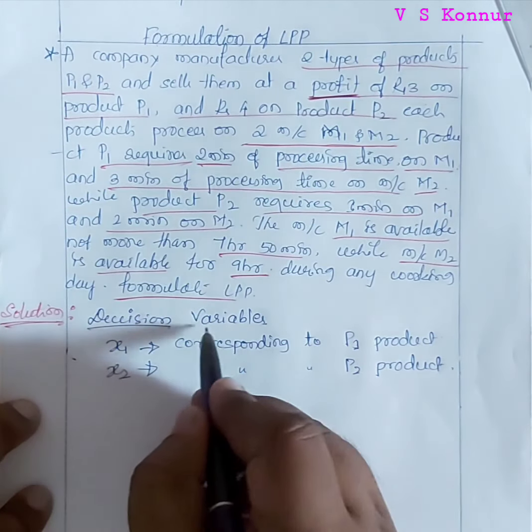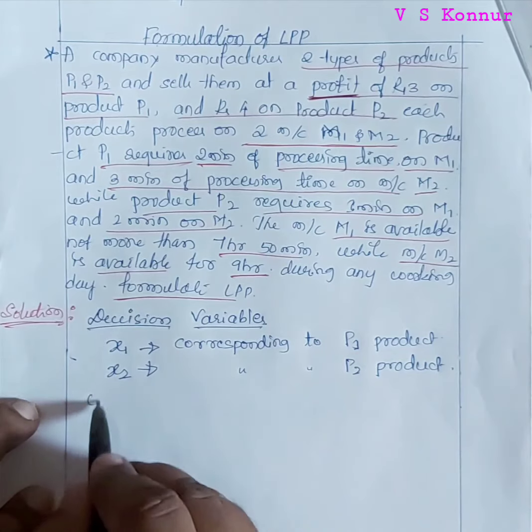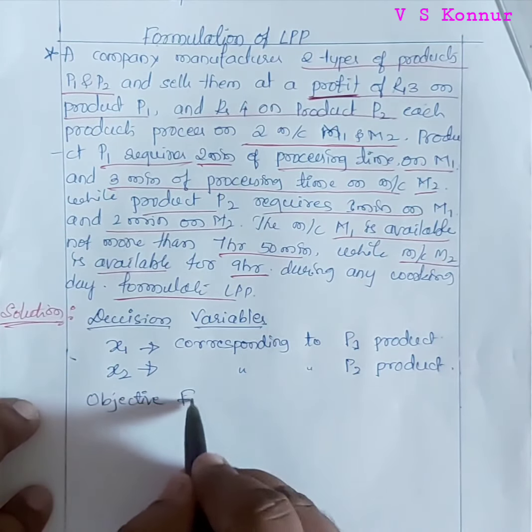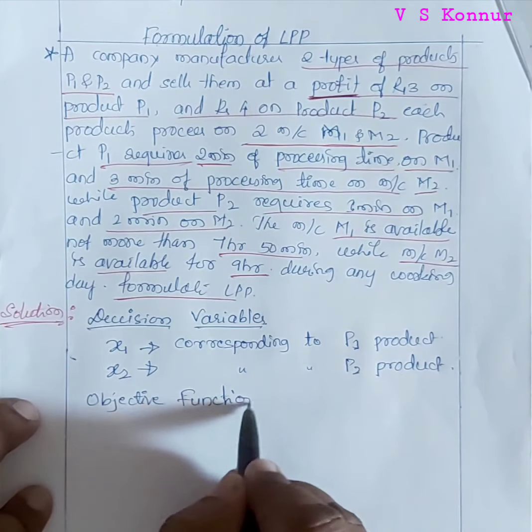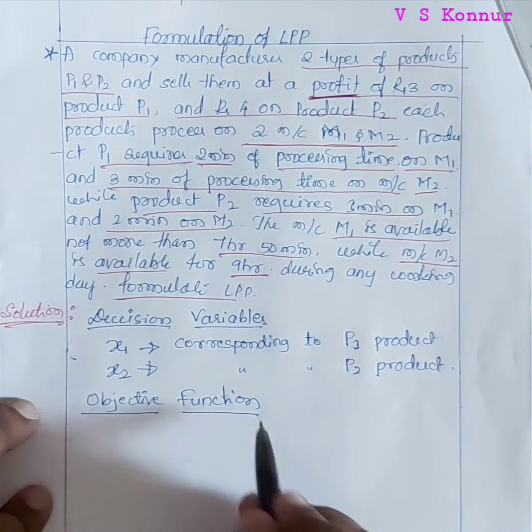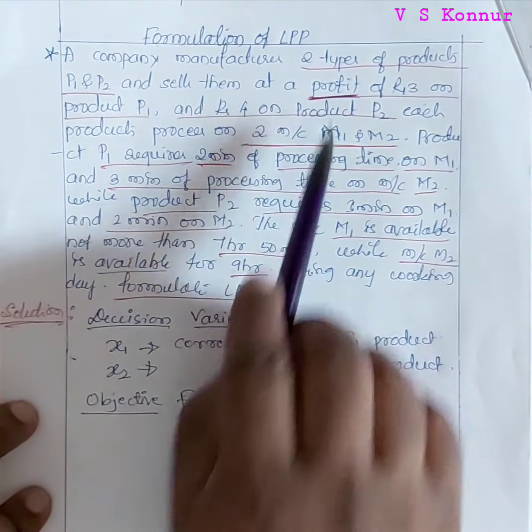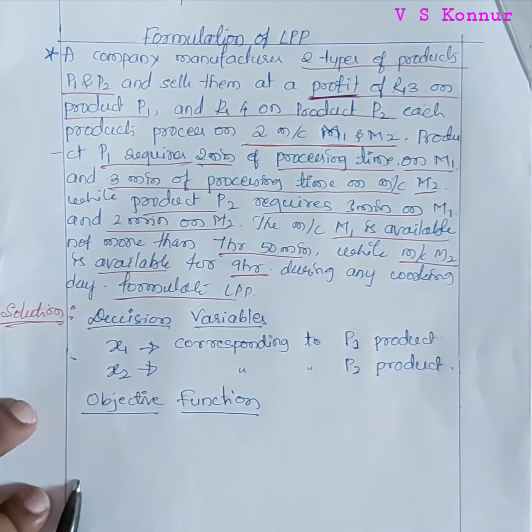After defining these decision variables, we have to define the objective function. This objective function depends upon profit. If loss is there in the problem, then that is minimization.